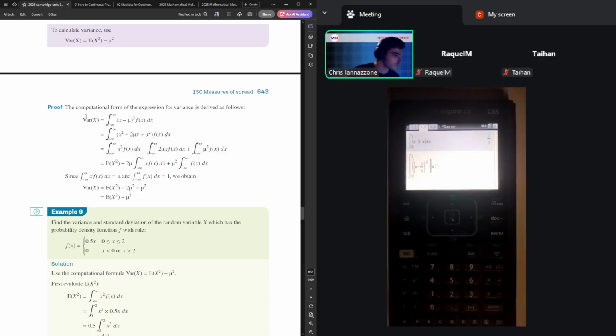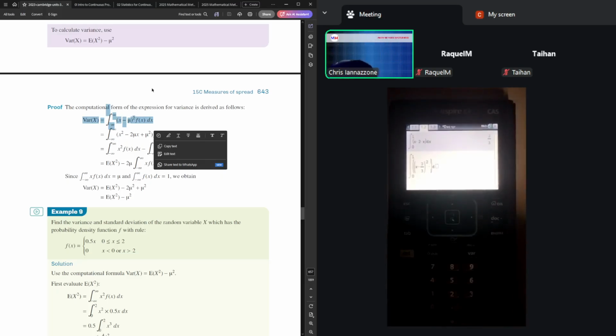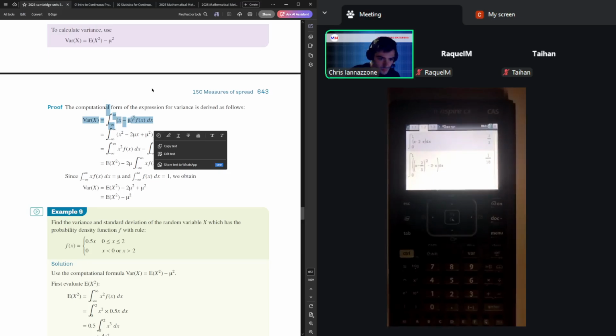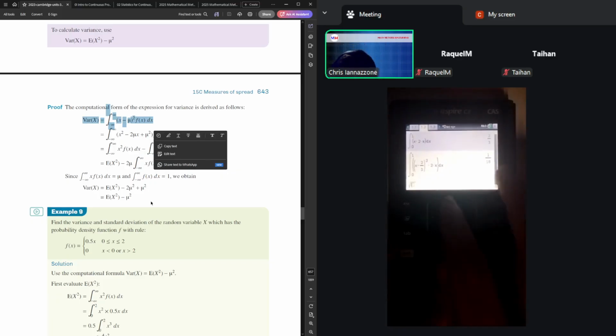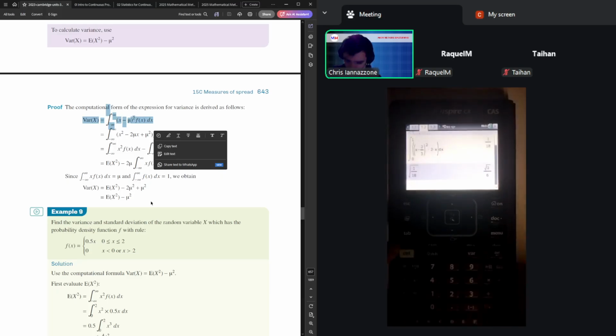I'm copying that from the top of the screen share. Times 2x dx, and that gets us our variance of 1 over 18. To then get the standard deviation, it's just a matter of square rooting that value.